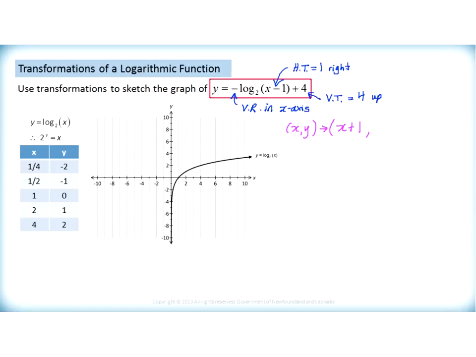With regard to the y, the negative is there for the vertical reflection, and it will be just simply negative y plus 4. So now, we have to choose points from this base equation in order to get the points on the graph of the new function. So we can begin by choosing the point 1, 0. The point 1, 0 will get transformed to the point 2, 4.